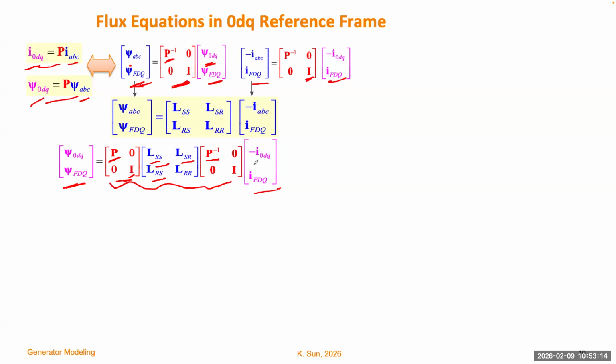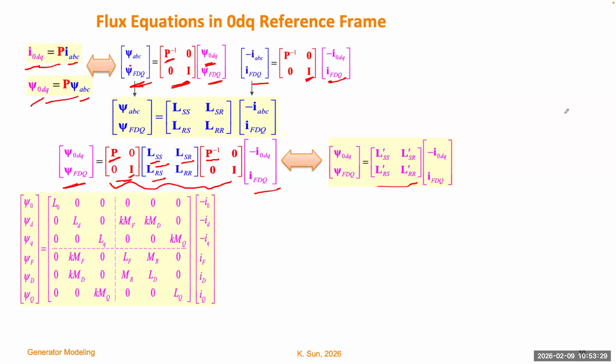And finally, the i_R doesn't need to be transformed at all, because that's already in the new frame. So let's see what happened. We simply define this one as L prime. I won't go through the detailed steps, but it's very easy to prove. After transformation, everything becomes theta independent. This is the new inductance matrix.